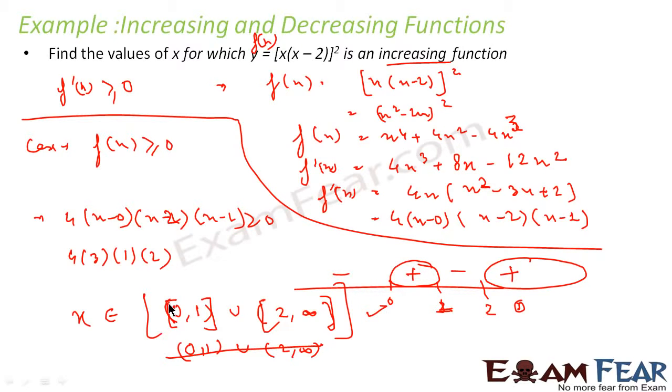Please note these are small things which you should understand, else you will get an incorrect answer. In case of a closed interval, you include the values, so 0 and 1 are included, 2 and infinity are included. But in case of an open interval, these extreme values are not included.